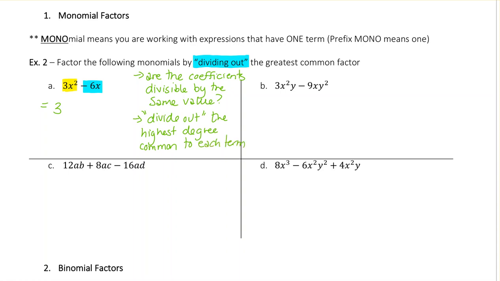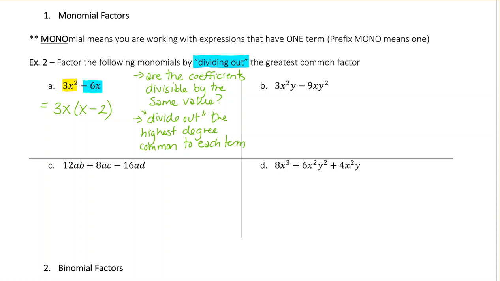Well, the highest degree in our first monomial is x squared, and our second is x. The highest degree involved in our term is just x to the power of 1. So that's all you can divide out. What you're left with, if you factor out 3x from 3x squared, is x. If you factor out 3x from negative 6x, you're left with negative 2. And there you factored your first problem.